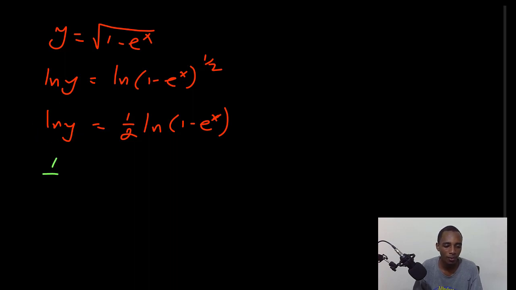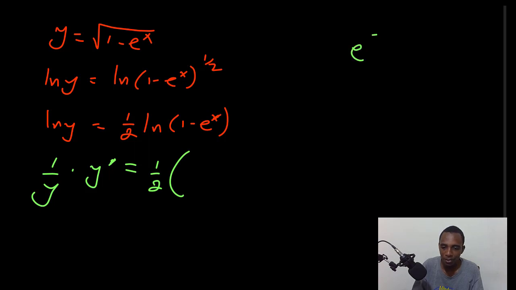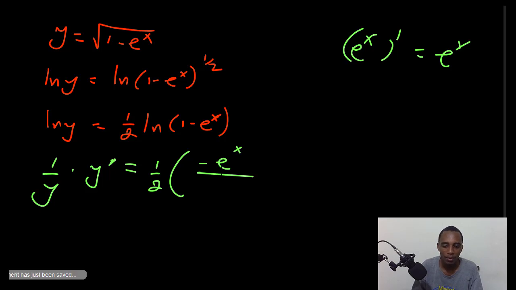The derivative of this is 1 over y times y prime, or dy/dx. 1/2 here is a constant. The derivative of e to the x is e to the x, but there's a negative here, so that's negative e to the x divided by the original function 1 minus e to the x.